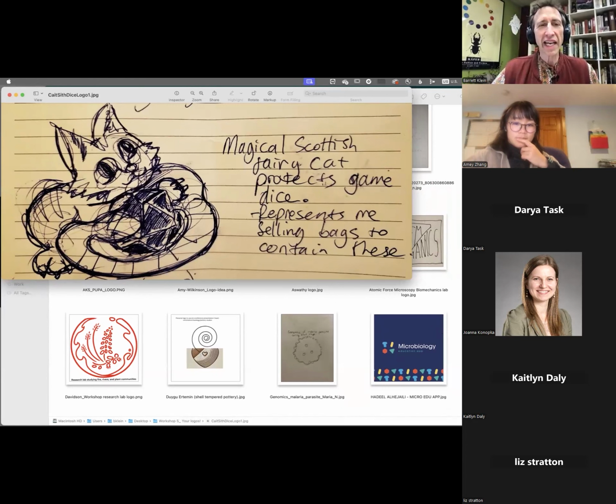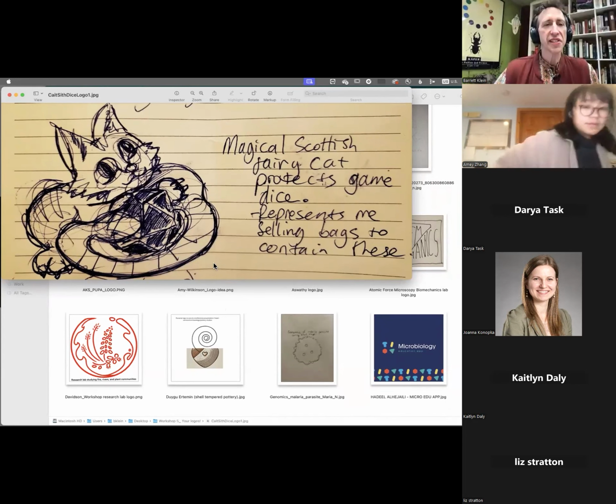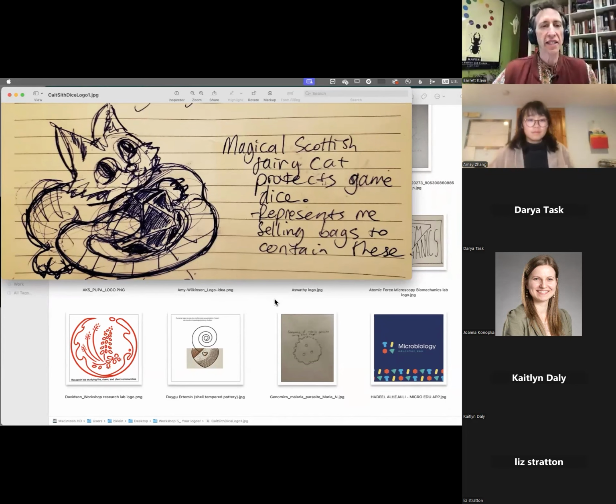Protects game dice. Represents me selling bags to contain these. Interesting, cool. I can see the multi-sided die being, in the final stage, potentially quite recognizable. I can see this having a lot of possibilities for simplification, which might be the advice I would give to everybody at this stage: thinking of different ways to simplify your designs.